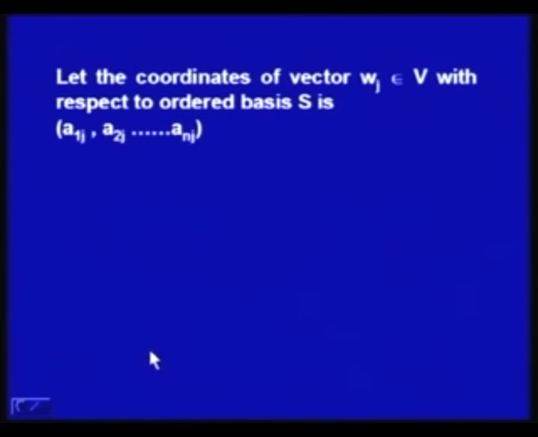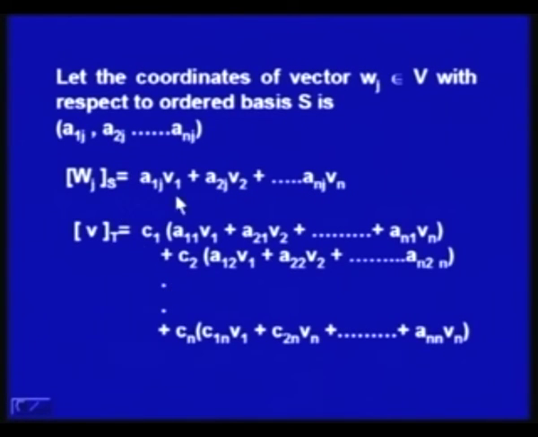Now, let us consider the vectors wj belonging to V. With respect to ordered basis S, its coordinates are a1j, a2j, anj, because wj also belongs to V. So, we can write wj with respect to S as a1j v1 plus a2j v2 plus anj vn, and then v_T can be written as C1 times W1 plus C2 times W2 plus Cn times Wn.